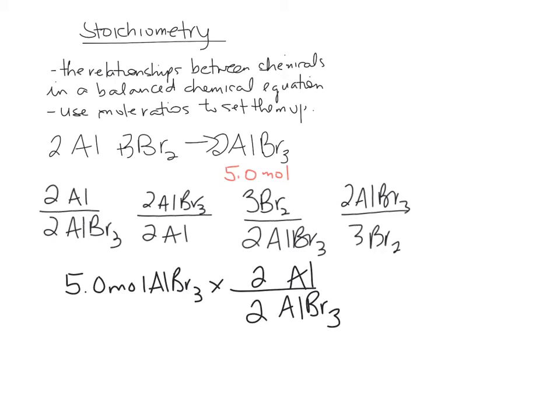And then you put in your coefficients from your balanced chemical equation. So I would need 5 moles of aluminum. Your AlBr3 would cancel. 2 over 2 is 1.